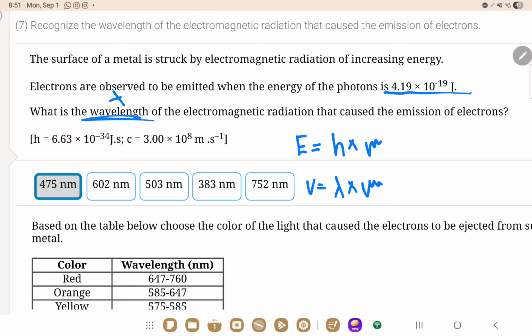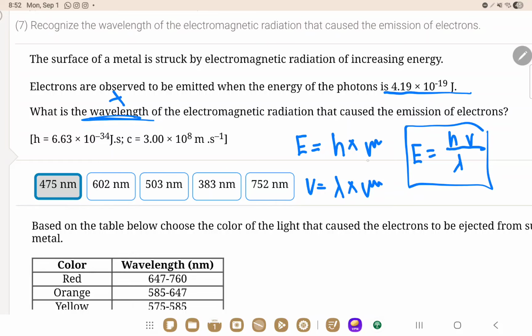So we can combine these two equations into one equation, and this is the equation we're gonna use 90% of the time, which is energy equals Planck's constant times the speed of light, which is 3 times 10 to the power of 8, over the wavelength, E equals hc over lambda. This is the equation we're gonna use most times, but it's derived from these two equations.